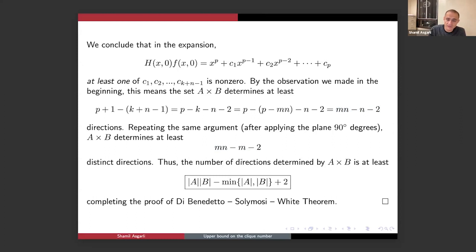So we've shown that the number of directions determined by A cross B is at least the size of A times the size of B minus the minimum of the size of A, the size of B, plus 2. And this completes the proof of the Di Benedetto, Solymosi, and White theorem.